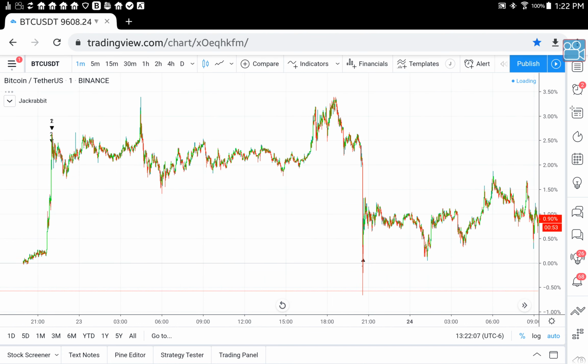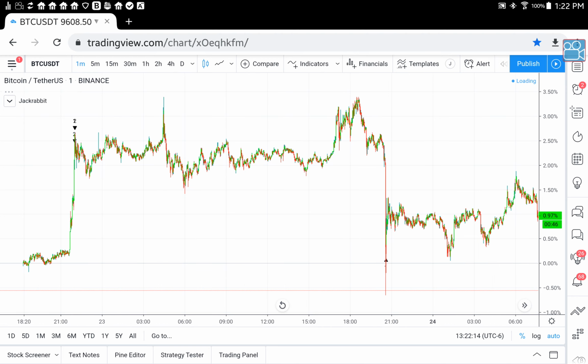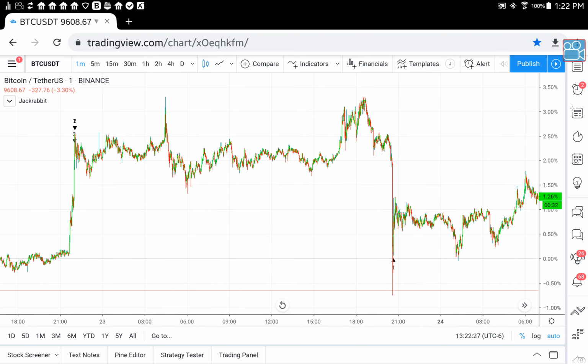Here's another area over here. It shows a peak. Let's see if we can find a knife that's right before this buy signal. Because this is quite well produced right now.